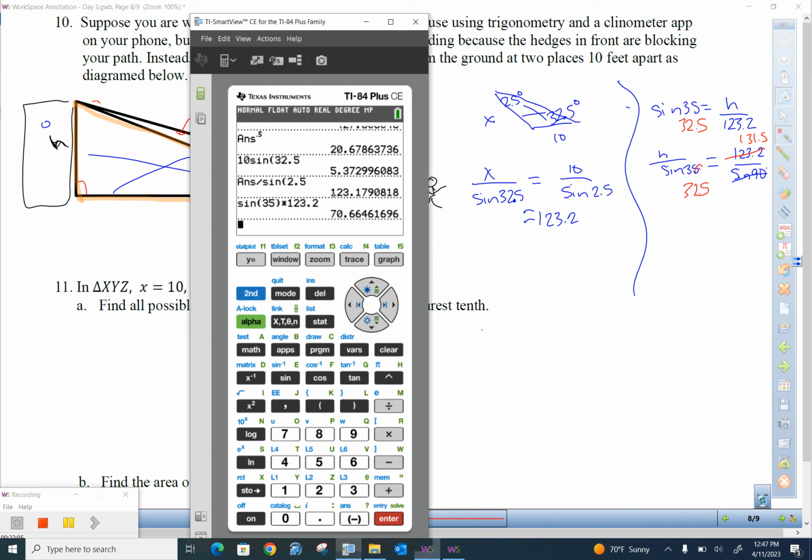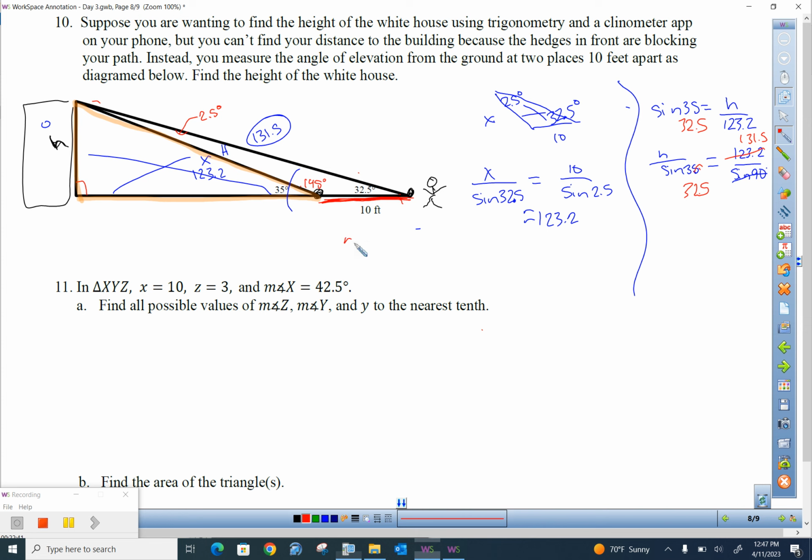If you use the whole version here, I believe it rounds to 70.65 instead, meaning if you grab that whole value from your calculator because you have it, it just rounds a little bit differently, and I would take either. So I'm just going to call this about 70.7 feet.